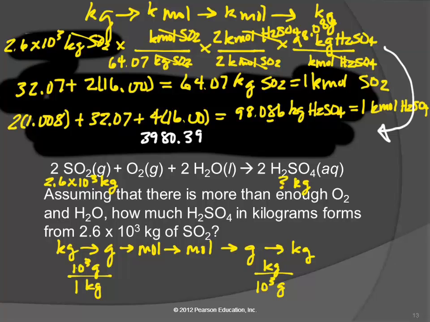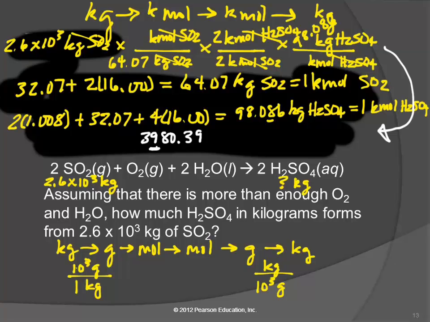The original number that we were given, 2.6, only has 2 significant figures. The molar masses both had 4. Those mole ratios are exact numbers. They're counting numbers, because 2 molecules makes exactly 2 molecules. So the mole ratio never limits the number of significant figures. So 2 significant figures would be right there.